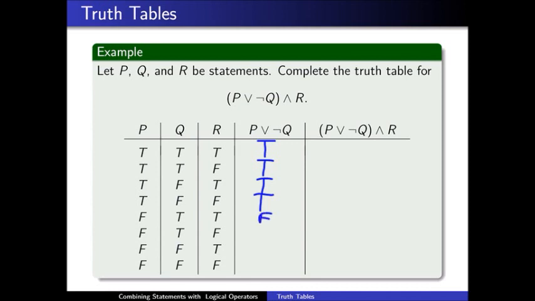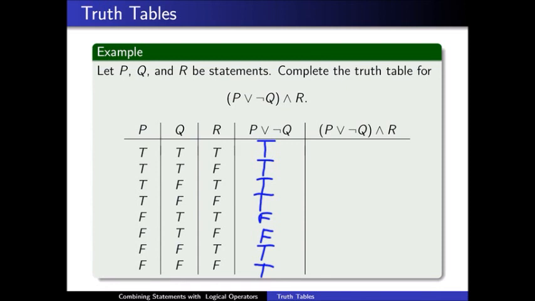And we therefore get that neither P nor not Q are true. And so it will be false in these 2 cases. In the next 2 rows, Q is false. Therefore not Q is true, and the disjunction gives us back true truth values in those last 2 rows.